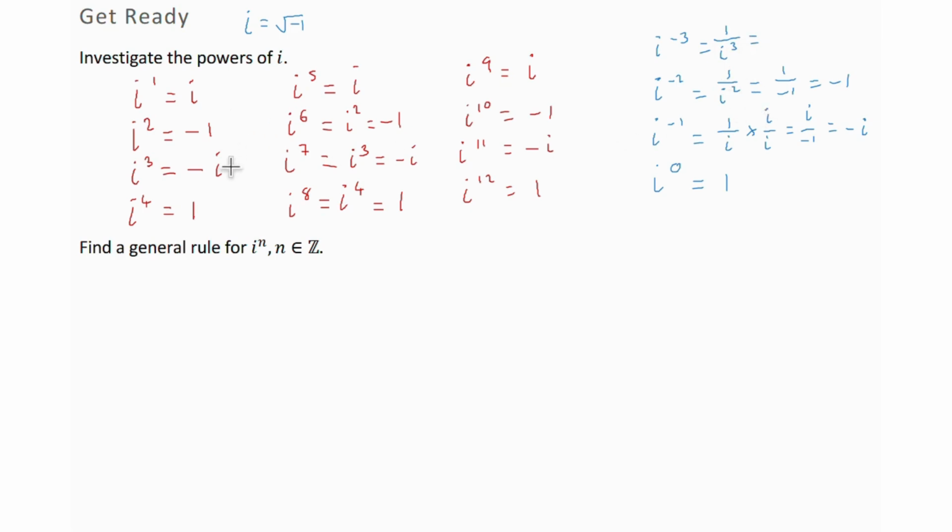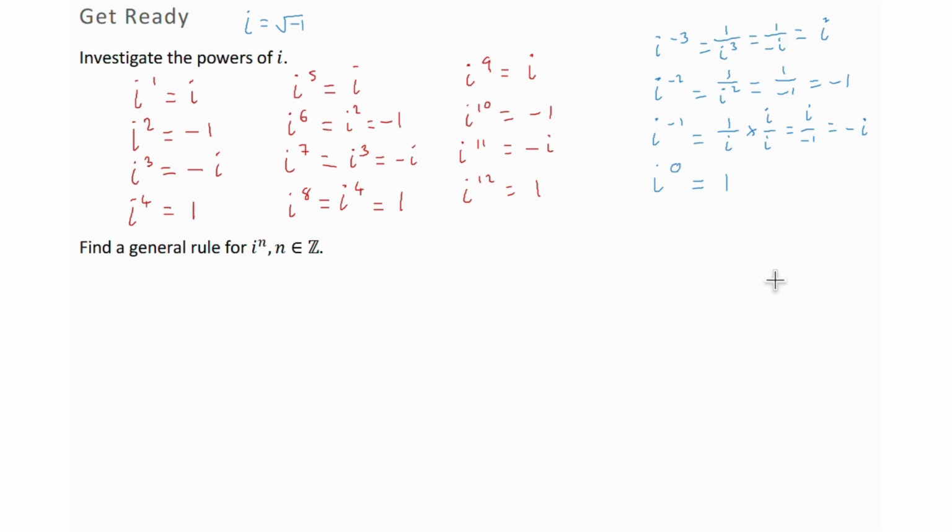Well, i cubed is minus i, so this is 1 over minus i. 1 over i is equal to minus i, so 1 over minus i has got to be equal to i. So yes, it does indeed work if we go backwards as well. It still works.